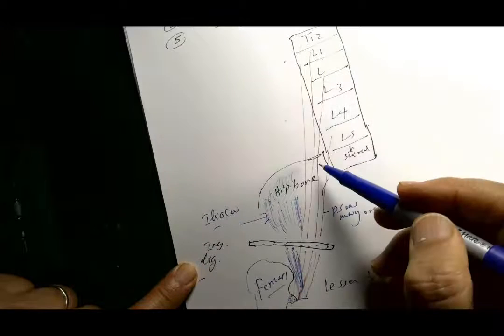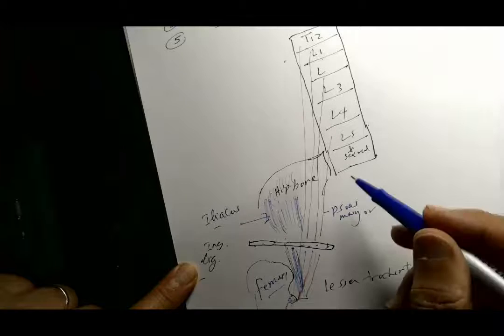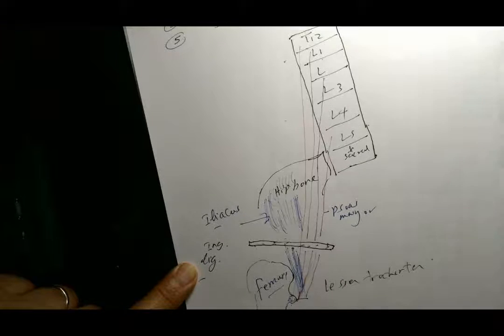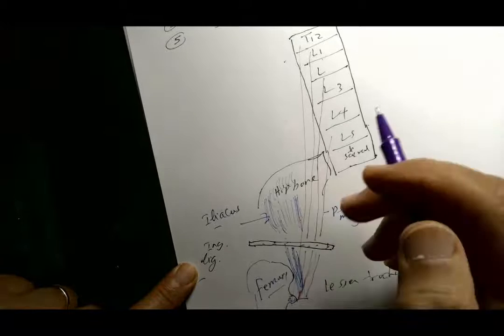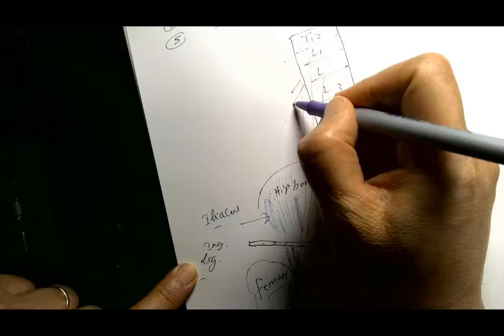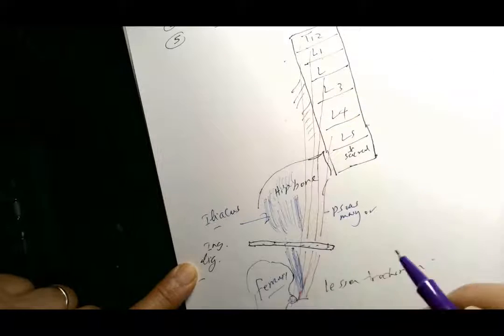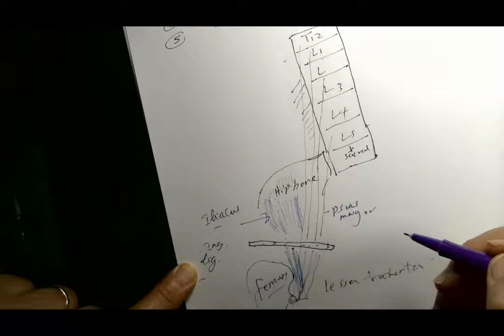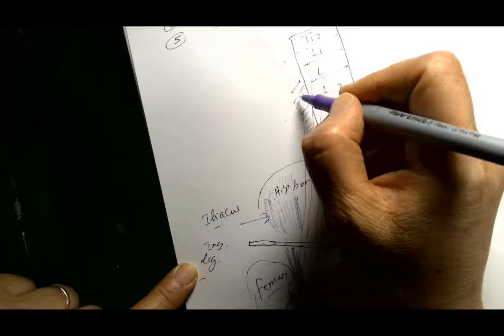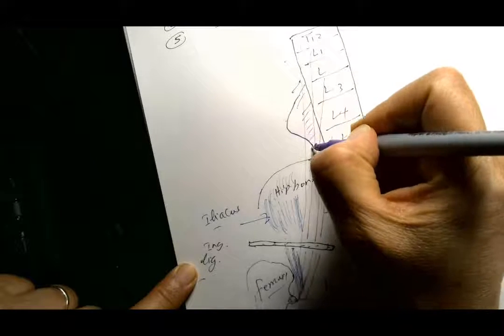So this is the iliopsoas muscle. The nerve supply of these muscles: if you remember, we have the lumbar plexus, which is formed here, deep to psoas major and supplying psoas major in this area. This is from the lumbar plexus.